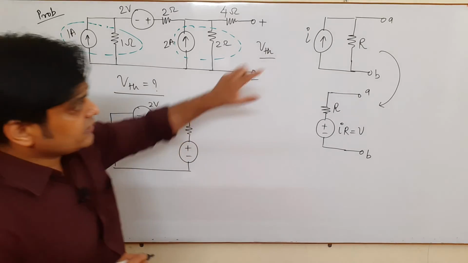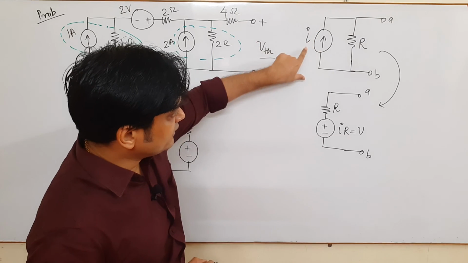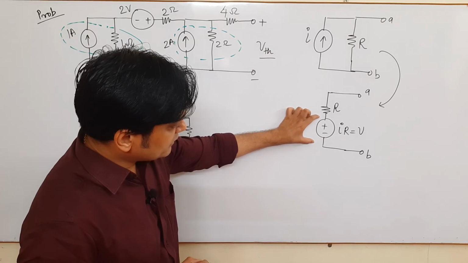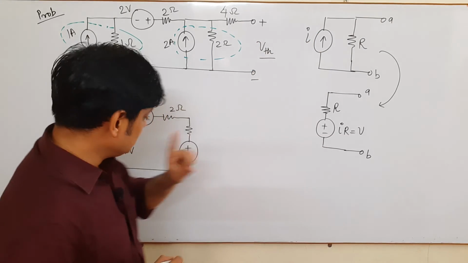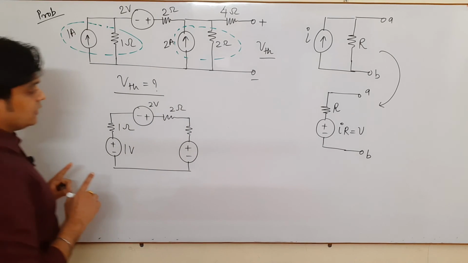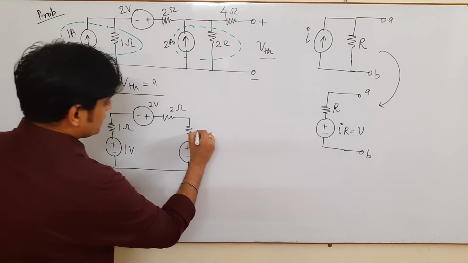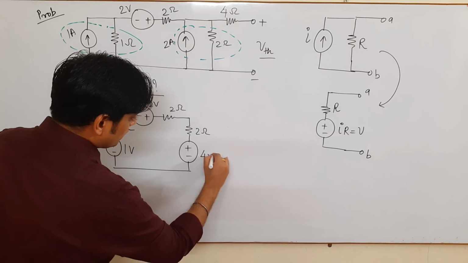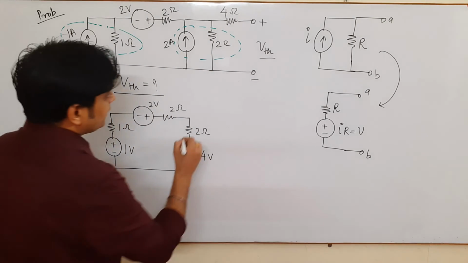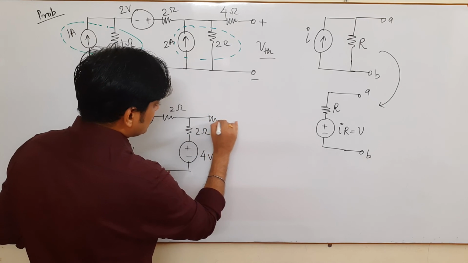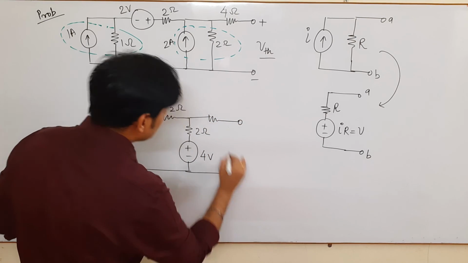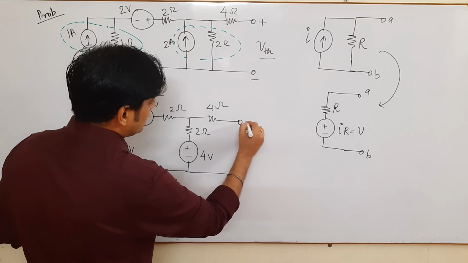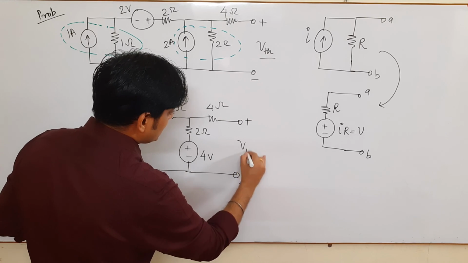Very important, keep in mind the direction of the current; the direction of the voltage source follows it. Now this 2 ohm with 2 ampere comes to be 4 volt. Very simple. And here is another resistance, 4 ohm, and now this is your VTH.